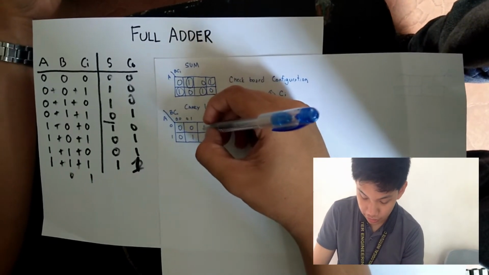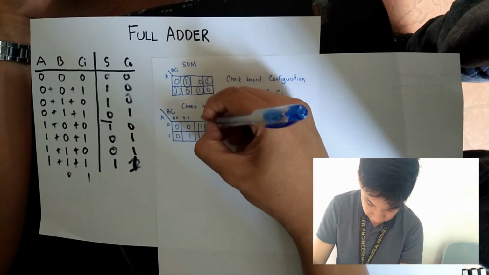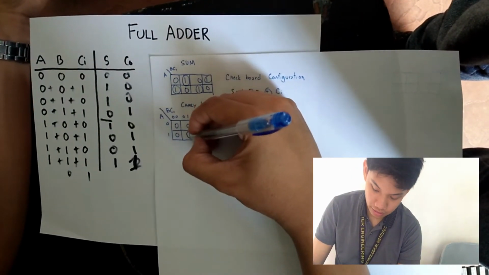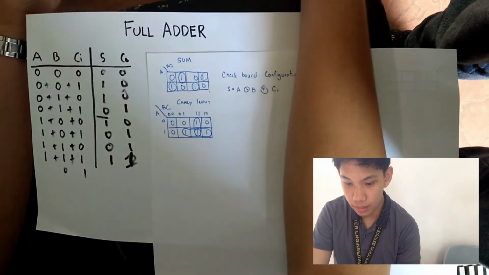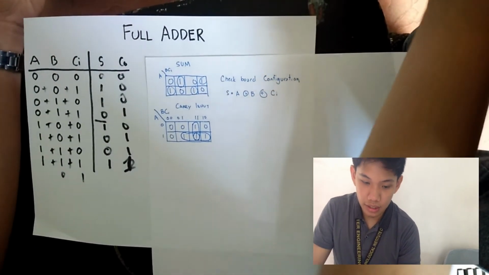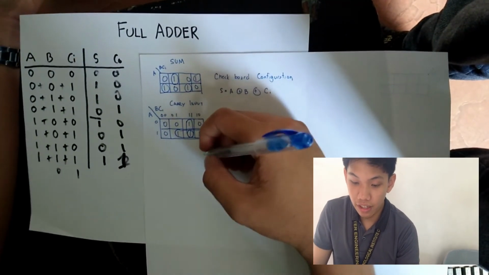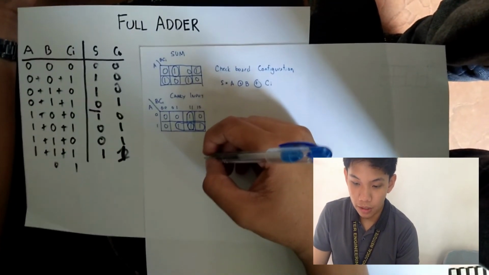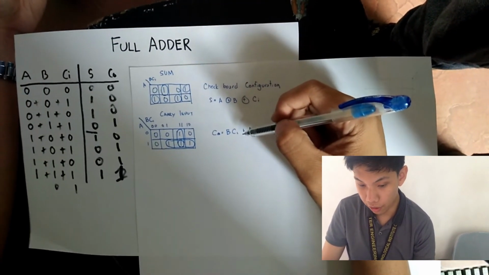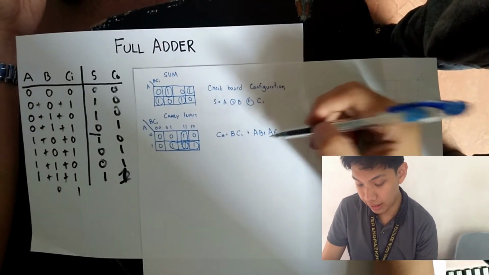First, let us group this one, then this, and then this. There is a twist that we will see after finding the values of this K-map. So, C output is equal to B CI or AB or A CI.